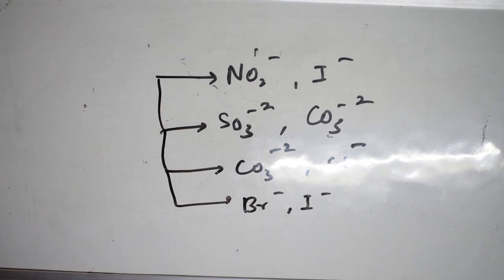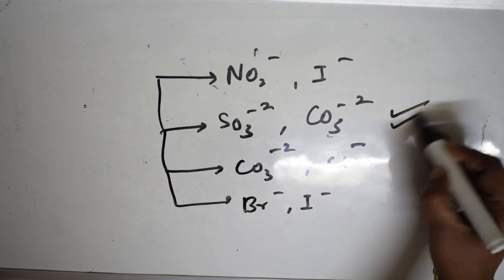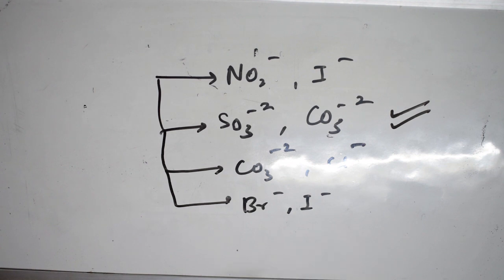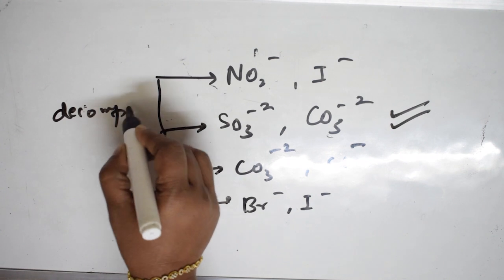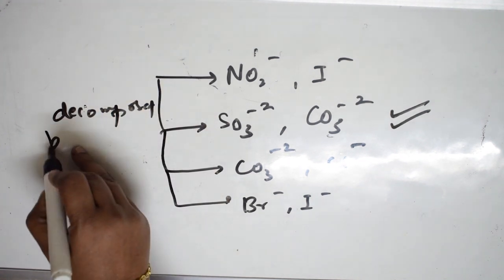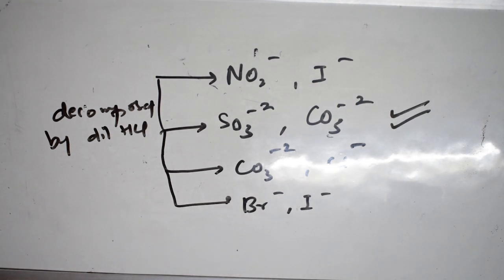If this question is asked, remember only SO3 minus 2 as well as carbonate are decomposed by dilute HCl. I am writing here: decomposed by dilute HCl. This is one Viva question.